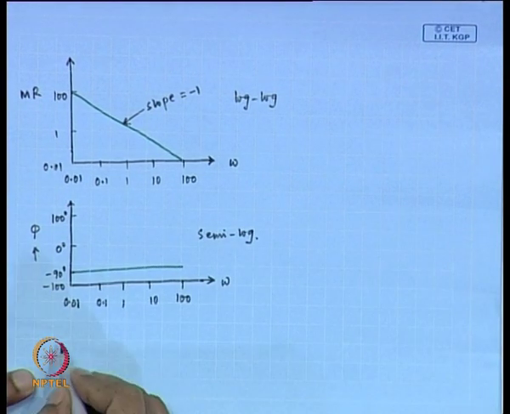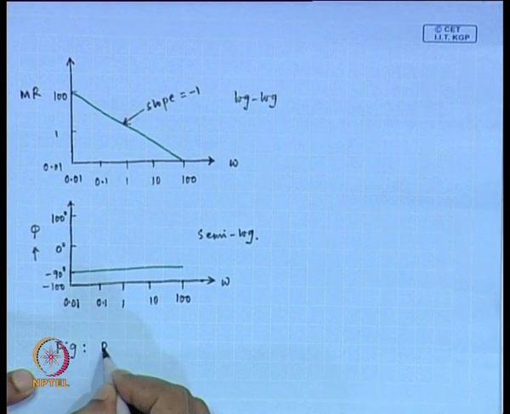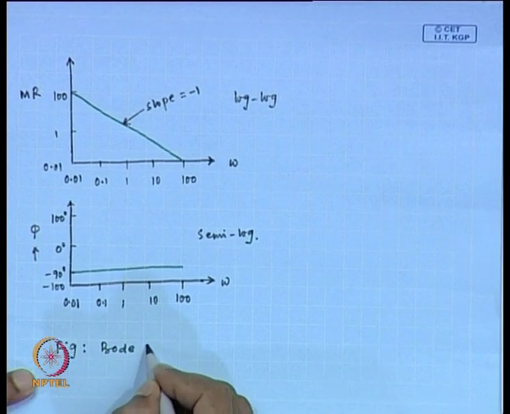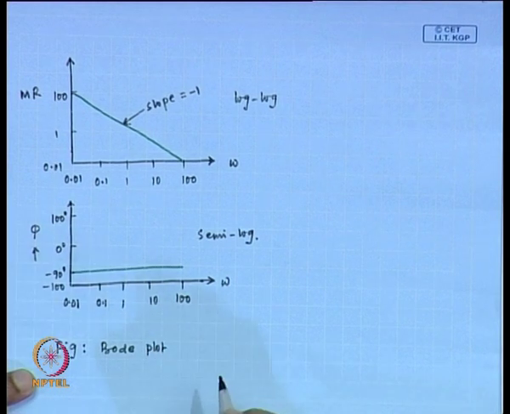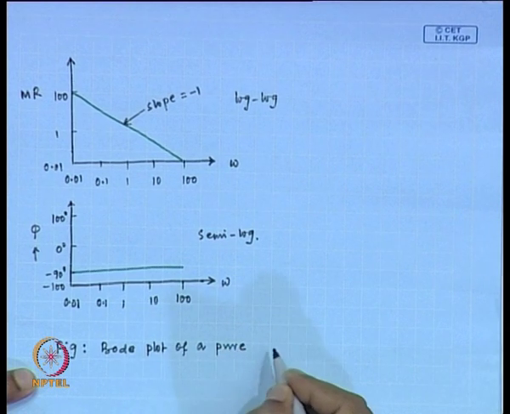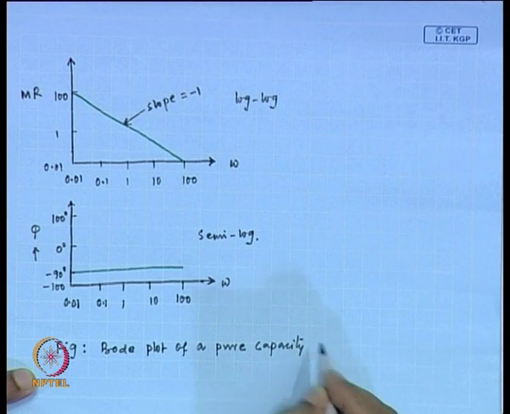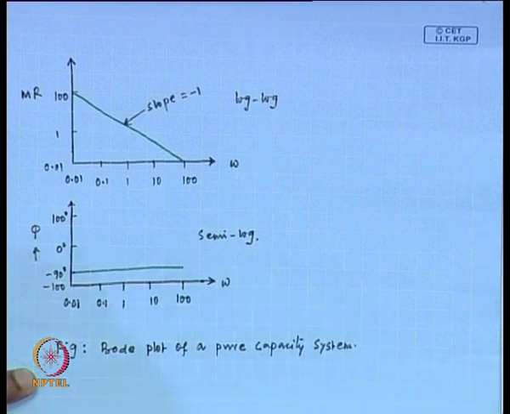Fine. So, this is the Bode plot of a pure capacity system.